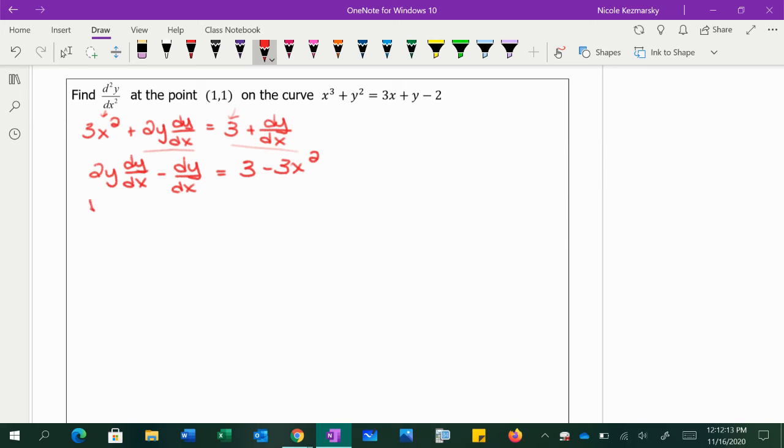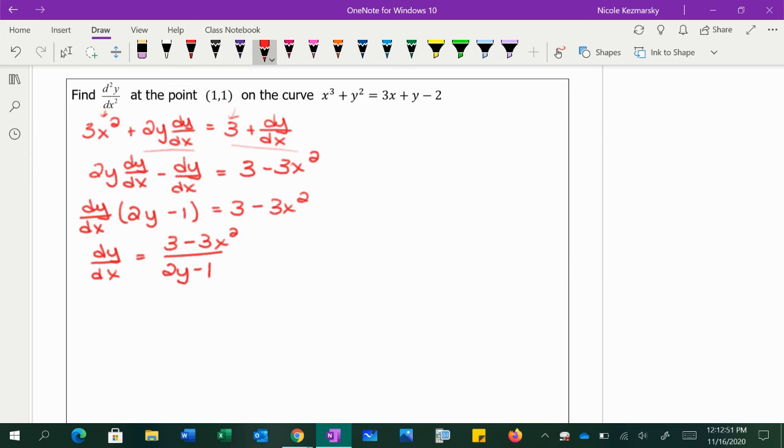And now I can factor out the dy/dx and get dy/dx times 2y minus 1 equal to 3 minus 3x squared. And then I'm going to divide by the stuff in parentheses. So I'm going to get dy/dx equals 3 minus 3x squared over 2y minus 1.